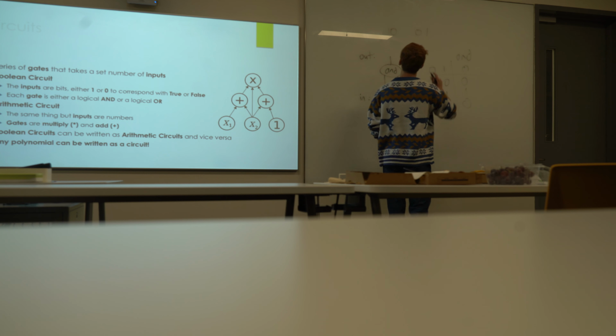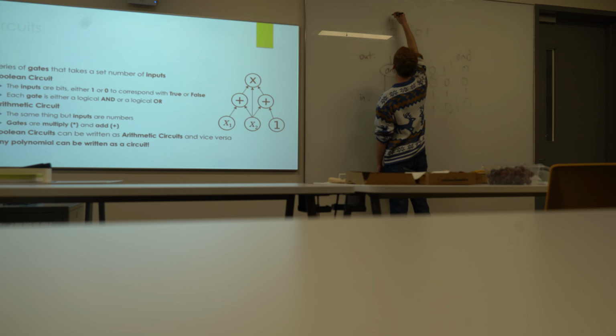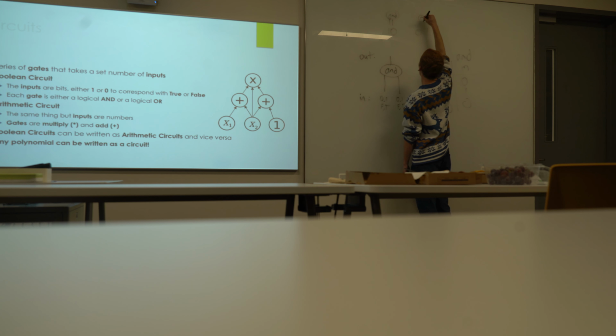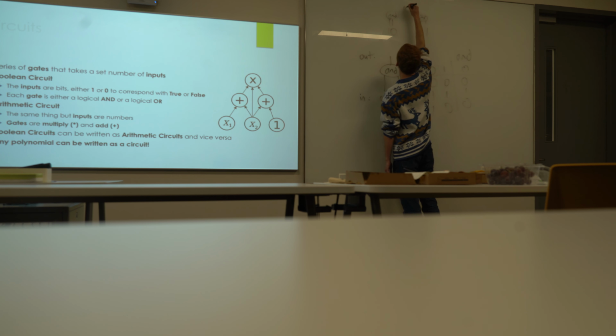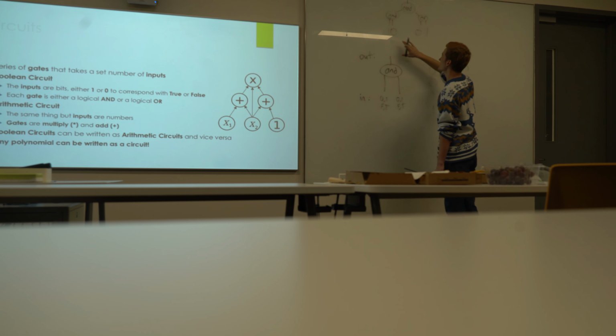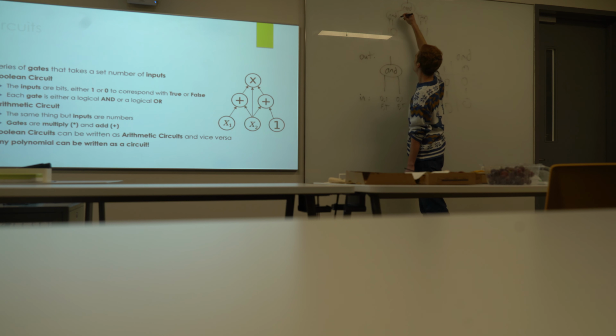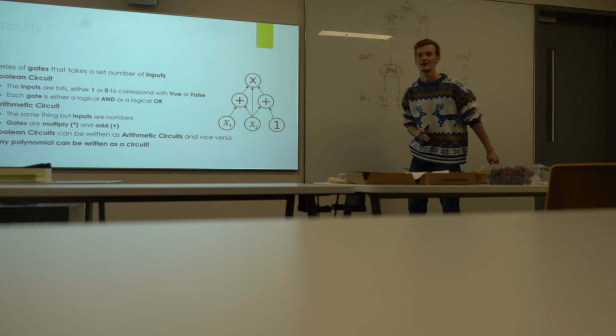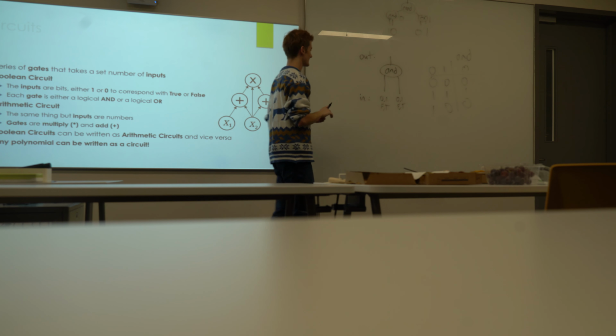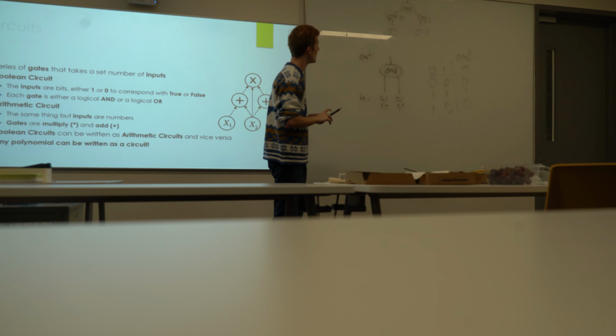If you just want to compute like AND, or, AND. So you see this is false, and this is true. And then you want to see whether these both things are true, and they're not, so the output is false. This is just some examples of what Boolean circuits can be.